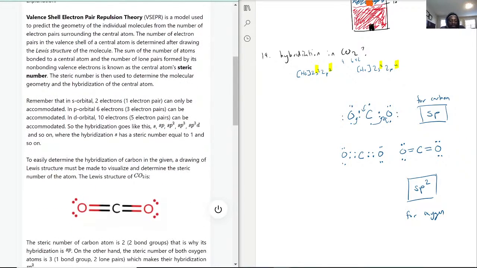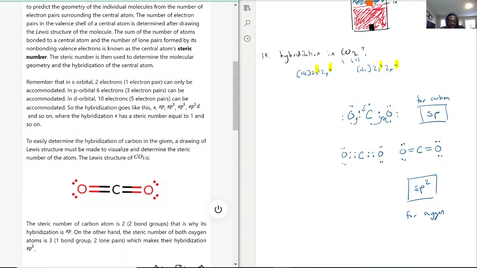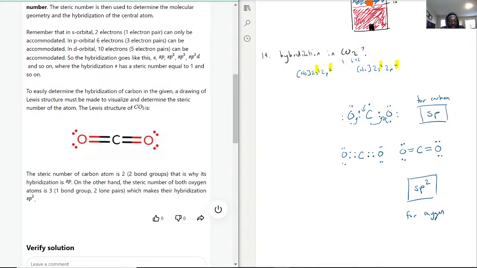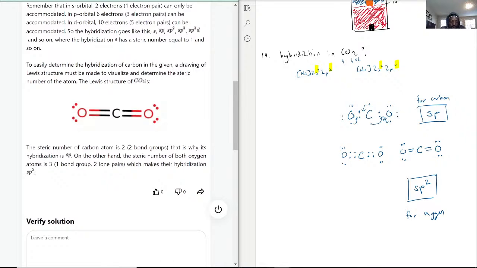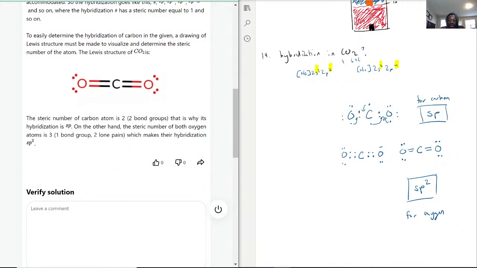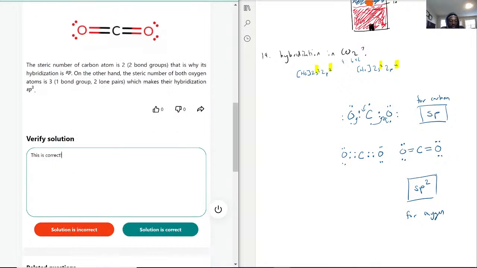So they have the Lewis structure, perfect. The carbon only has 2 bond groups, so it's sp as I said, and oxygen has 3, 1 bond group and 2 lone pairs, which makes it sp2. Okay, this is correct.